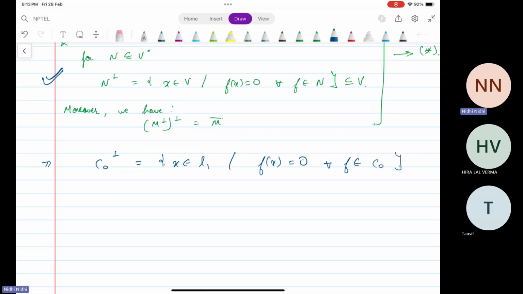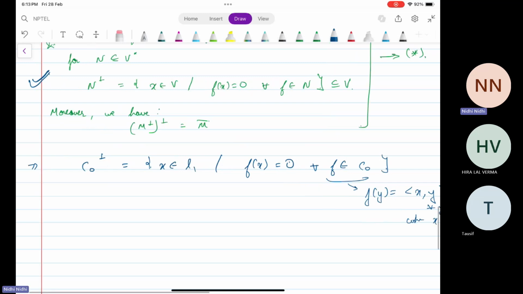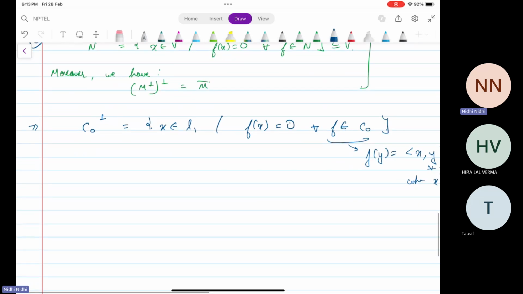So by f in C naught, we mean that f is of the type x times y for every y where this x belongs to C naught. Okay, so we need to see what type of set this C perp is.